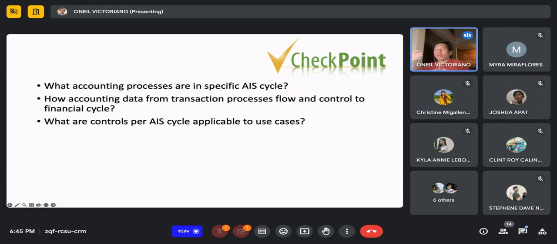We go back to the source documents, the data flow going from the transaction down to the subsidiary, and then from the subsidiary going to the general ledgers. And you'll be able to know different controls per cycle, and for different use cases and organizations. So that's the last part of the first part.